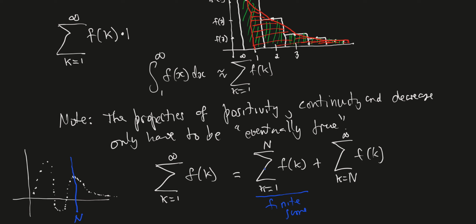I just wanted to mention this because even though the integral test is always stated as positive, continuous, and decreasing, these properties only need to hold eventually, and eventually could be a very, very long time. I just wanted to mention that.